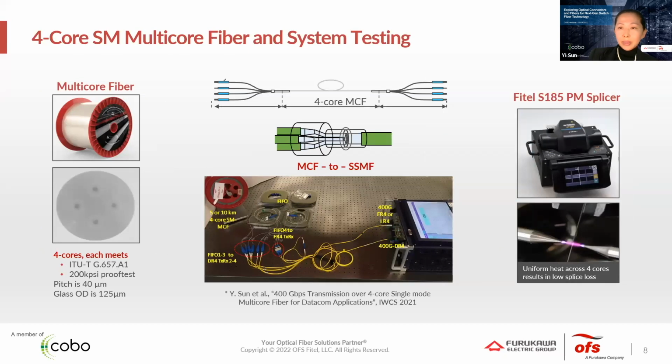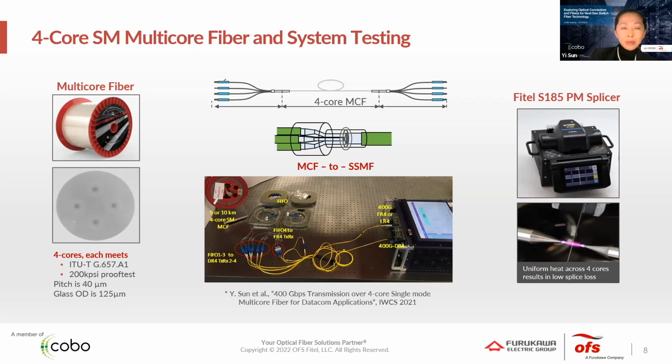And from here, three slides on the multi-core fiber. So multi-core fiber has several cores in one single cladding that promise to improve the density by a factor equivalent to the core numbers. Here is the single mode multi-core fiber, 4 cores with standard glass OD of 125 micrometer.